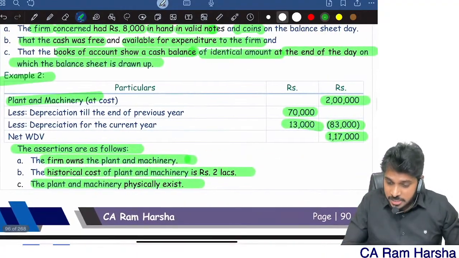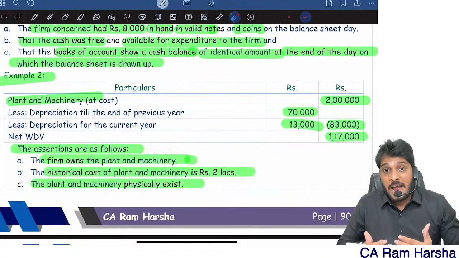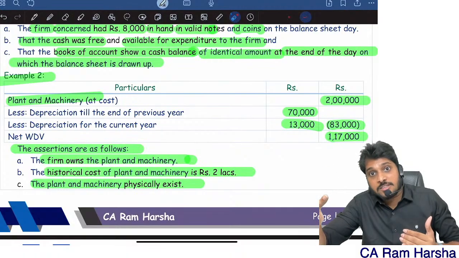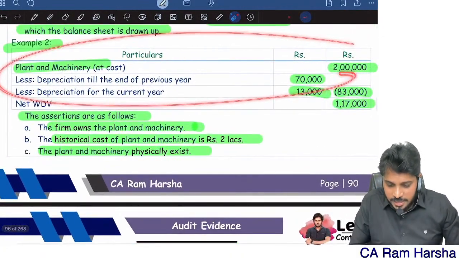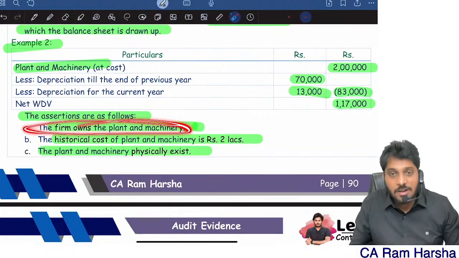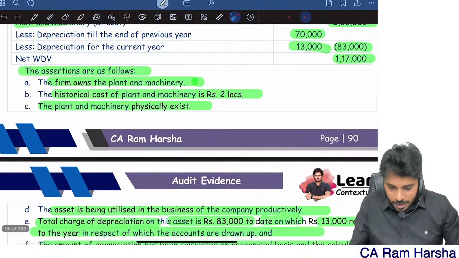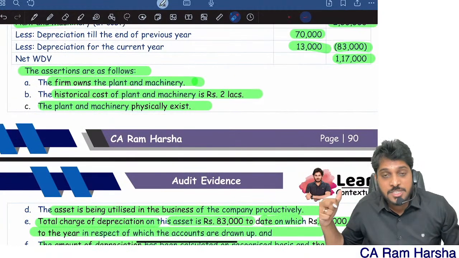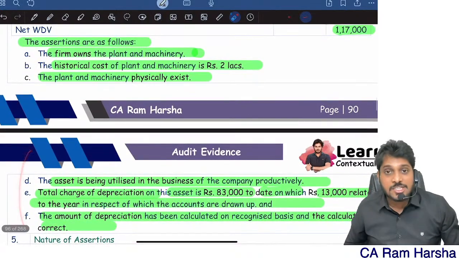By giving this information, management is telling so many things indirectly. Impliedly they are saying they are the owner of the plant and machinery. That's an implied assertion. And they are indirectly telling that plant and machinery physically exists. These are all various assertions.